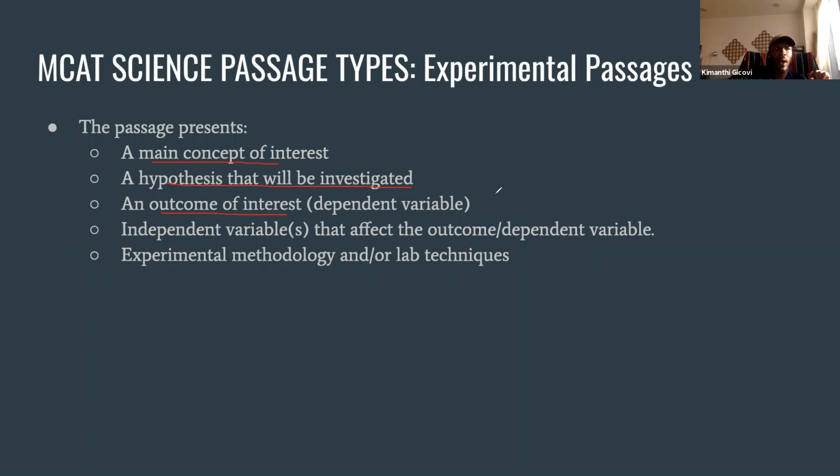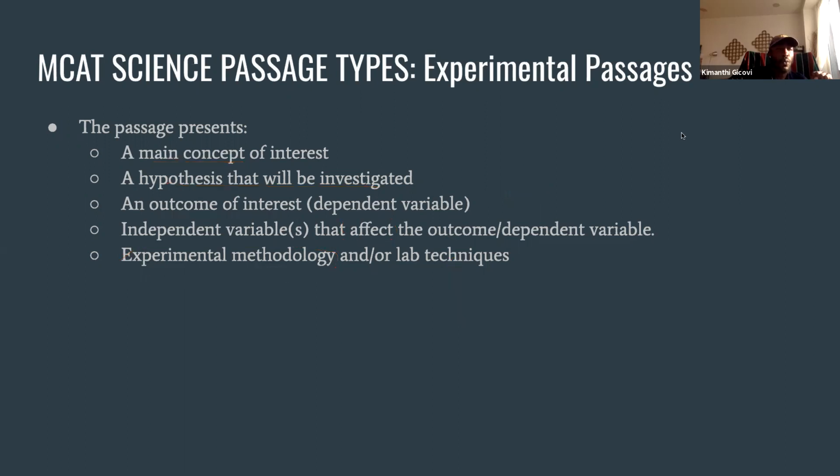They might even have a way to measure it. Ultimately, it's gonna come down to what the independent variable or variables are and how they affect either the outcome or the dependent variable. And more importantly, every experiment has to have an experimental procedure and utilize some lab techniques. That's all the little pieces that you have in an experimental passage.